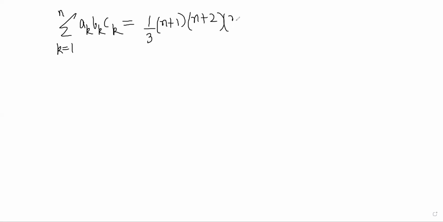We have to use the original equation somehow. The sum over k equal to 1 to n of ak, bk, ck is equal to 1 by 3, n plus 1, n plus 2, n plus 3. And we have to find the summation k equal to 1 to infinity of 1 by ck.